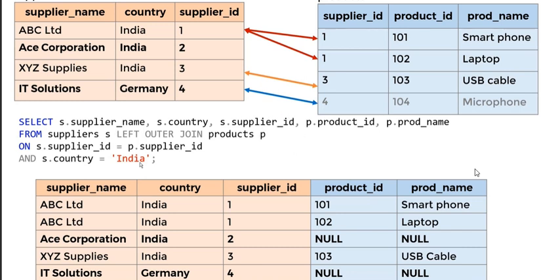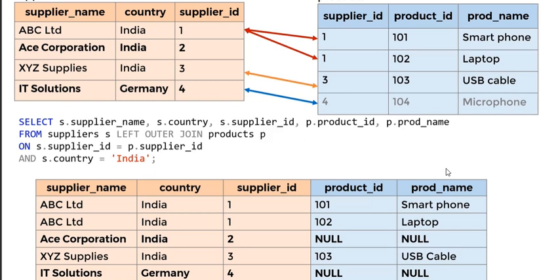And of course the second condition is country equals India, so the Germany supplier IT Solutions gets included in the query result because we are including all suppliers, but it will have nulls for the columns coming from the products table.